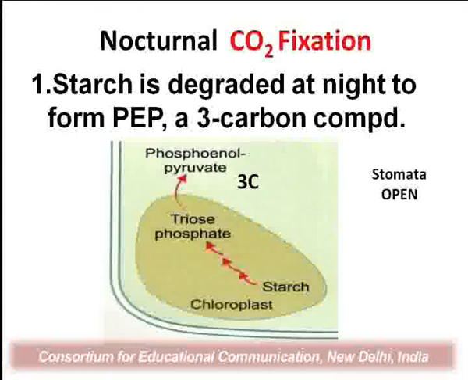Let us look at the mechanism of the whole process of the CAM cycle. Basically, it is nocturnal, that is, the carbon fixation occurs at night. So the first step is that in the plastid or chloroplast, which had made starch through photosynthesis, starch is gradually broken down into triose phosphates, and ultimately a 3-carbon compound, phosphoenol pyruvate, is formed.